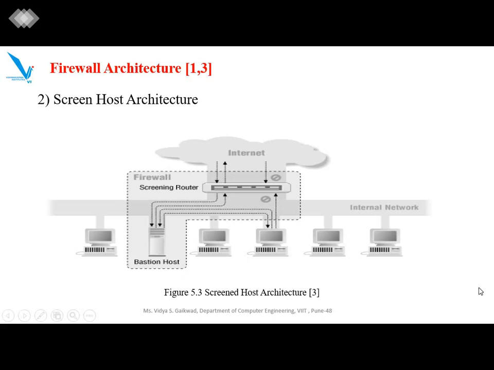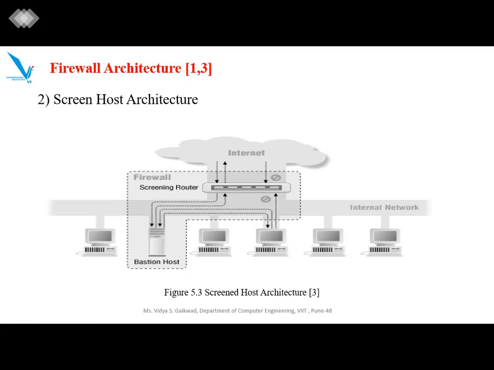So the major disadvantage of the screen host architecture is that if an attacker becomes successful to attack into the bastion host, then the network security between the bastion host and the rest of the internal hosts is completely collapsed. Automatically, all the internal hosts which are connected to this internal network will also get attacked, right?